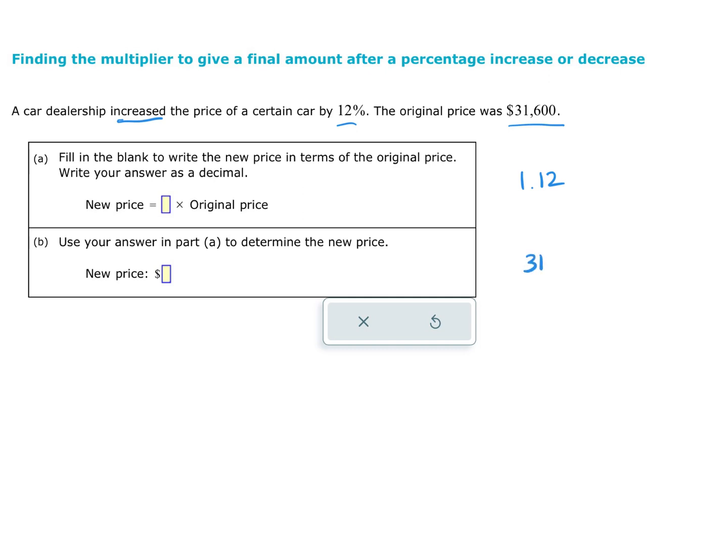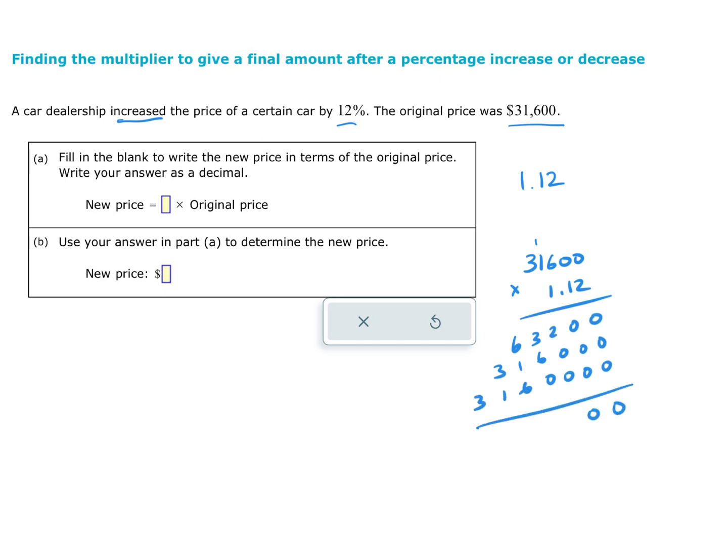So now we actually have to take this 31,600 and multiply it by 1.12. Fortunately, 1s and 2s are not too hard to multiply by. 12, 2 plus 1 is 3, and 6. Going to the next line, 0, 0, 6, 1, 3. And the next line, 1, 2, and we'll have 0, 0, 6, 1, 3.